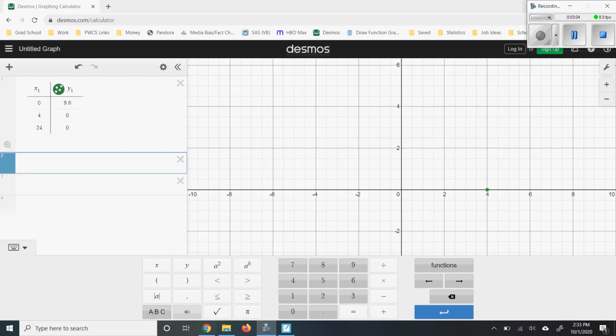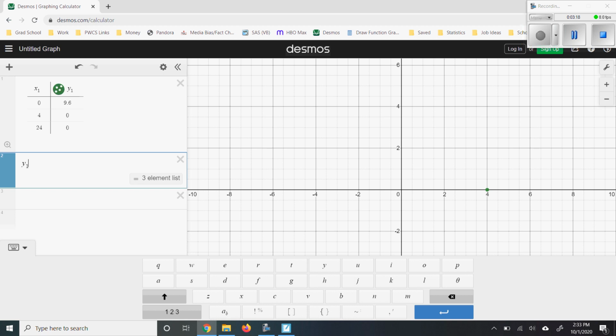So we're going to start out with y1. The tilde is in the top left corner. You can also access it by pressing the ABC, and then down here between the N and the B is the tilde.